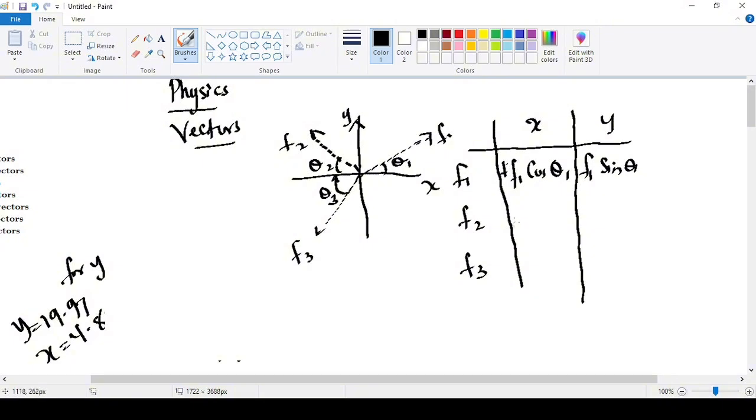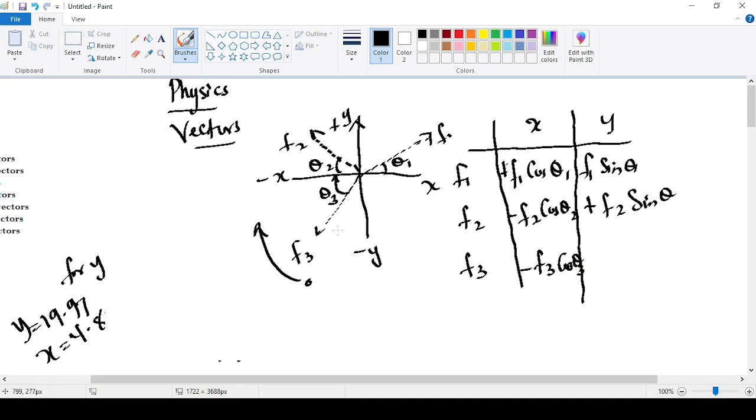For f2, it is in the negative x-axis, so in the x component it will be negative f2 cos theta 2. For the y component, f2 is in the positive y-axis, so it will be plus f2 sine theta 2. Then for f3, it's in the negative x-axis as well, so it will be minus f3 cos theta 3. And in the y-axis, f3 is in the negative y-axis, so it will be minus f3 sine theta 3.